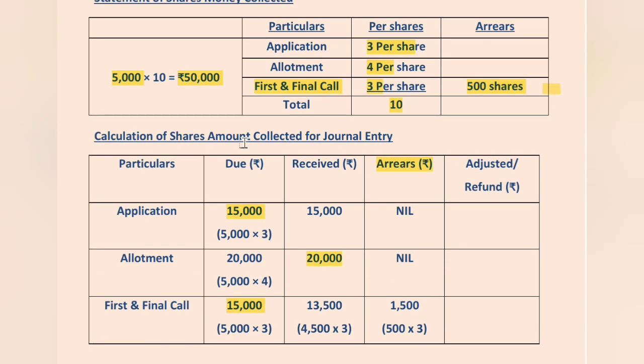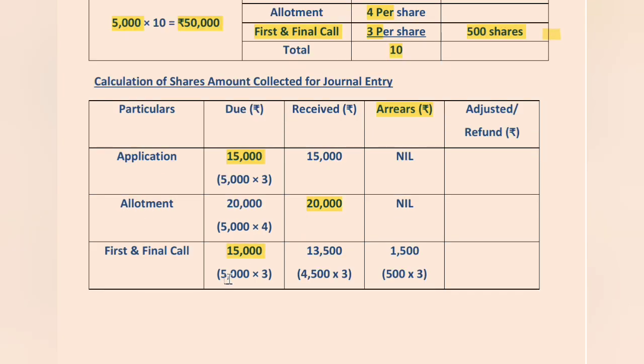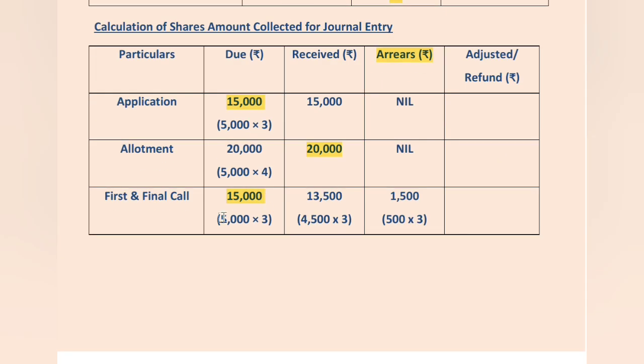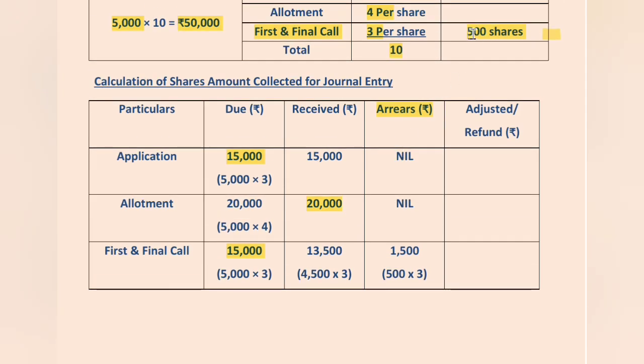See, it is given that 500 shares were not paid. In 5,000 shares issued, 500 not paid means how much is received?